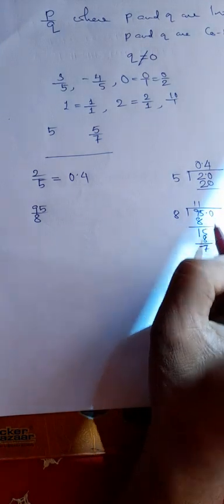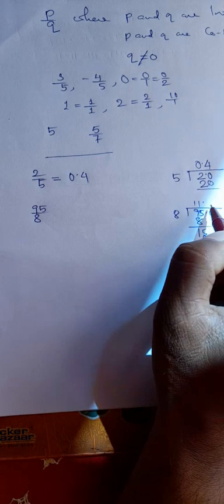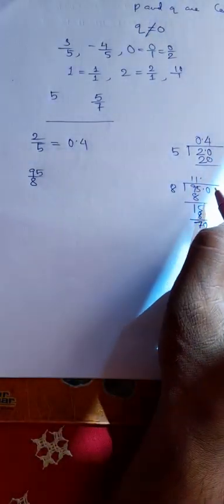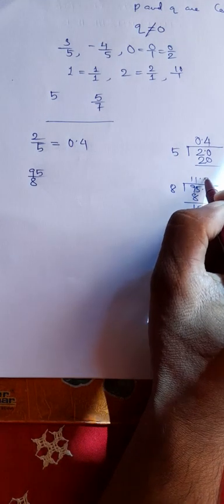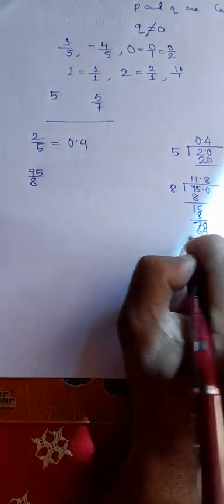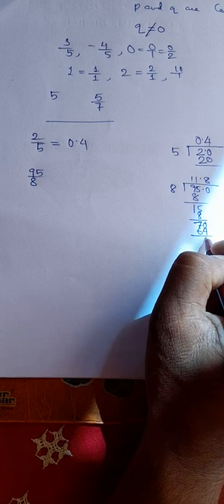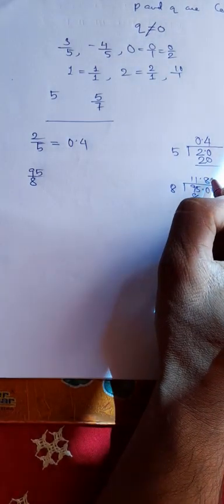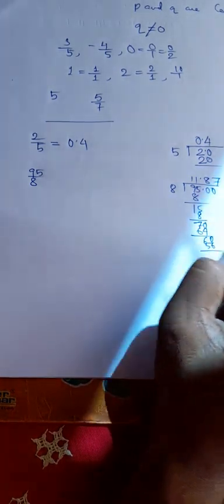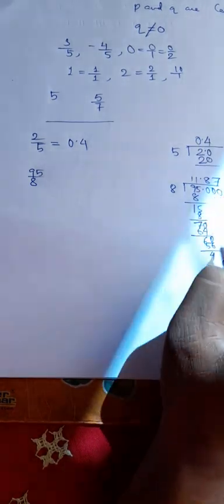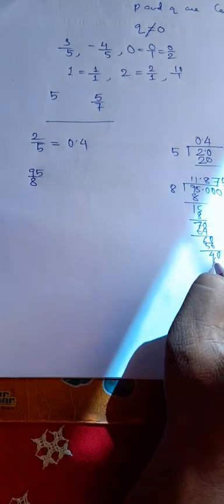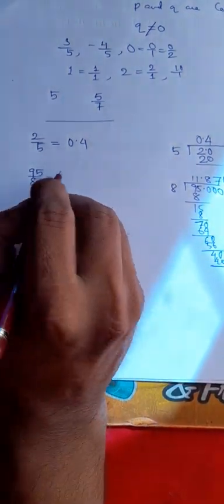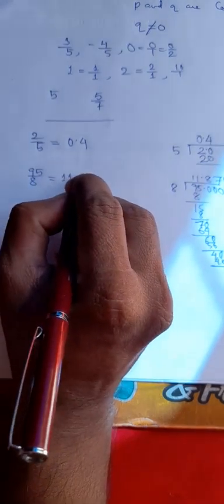Now we put a decimal here. 8 7s are 56. 8 8s are 64. 8 9s are 72. So 8 8s are 64, but this remainder is 6. So we get 60. 8 7s are 56. Remainder is 4. 8 5s are 40. Right? So the decimal expansion of 95 by 8 is 11.875.